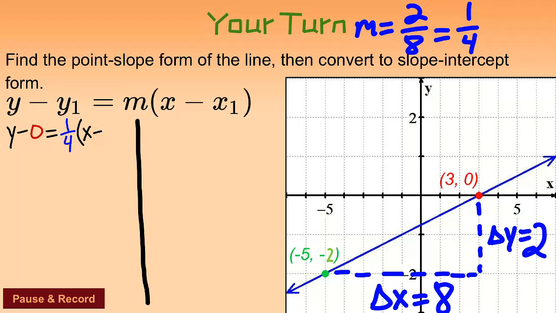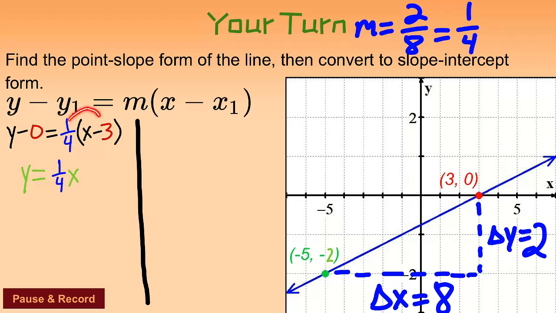And then x minus, and the x value for the red point is 3. I thought I mixed them up, but I didn't. So on the left-hand side, we don't need to do anything. It is already in y equals, because the y minus 0 is just y. And on the right-hand side, we still have to distribute that 1/4. So 1/4 times x is 1/4 x.